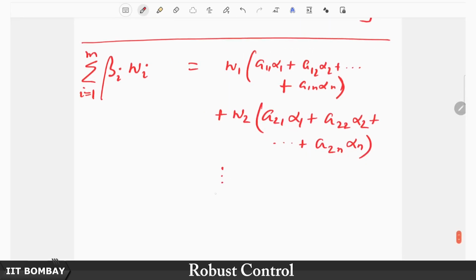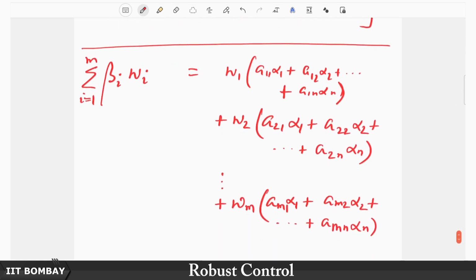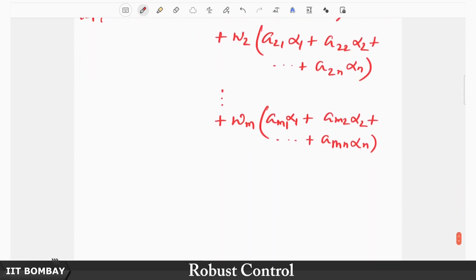Likewise, plus till I write Wm, then I get Am1 alpha 1 plus Am2 alpha 2 plus dot dot dot till plus Amn alpha n.